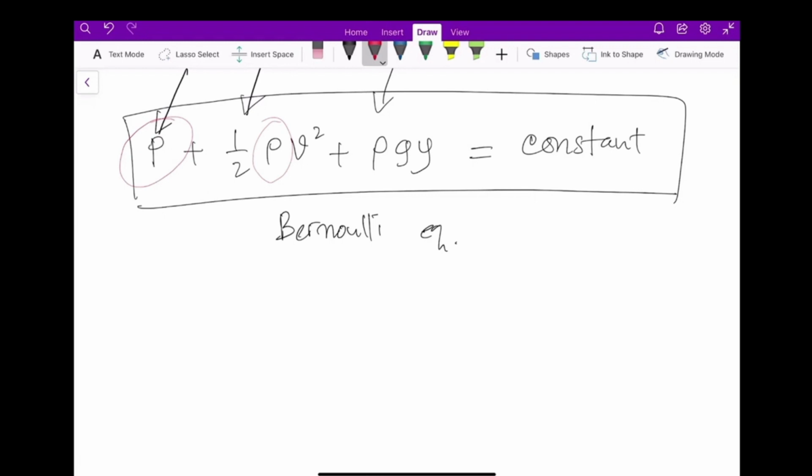Anyway, the summation of the 3 terms will always give us a constant value. That's why we can apply them at any different location that you would like to analyze, provided that you know the properties.